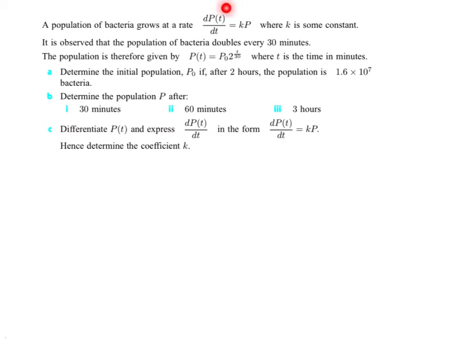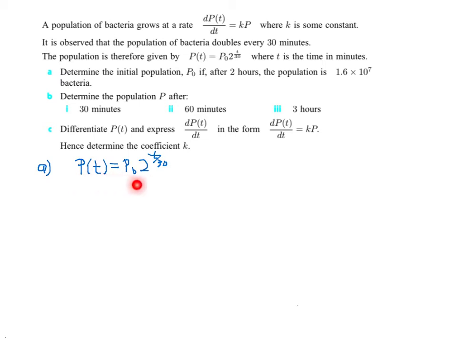This is a simple version of a population model, but never mind, we work with this at the moment. The information given is quite clear: the bacteria doubles every 30 minutes, and the model is actually given to you. t is in minutes, and you're being asked to find what P naught is if after 2 hours the population is given as follows.